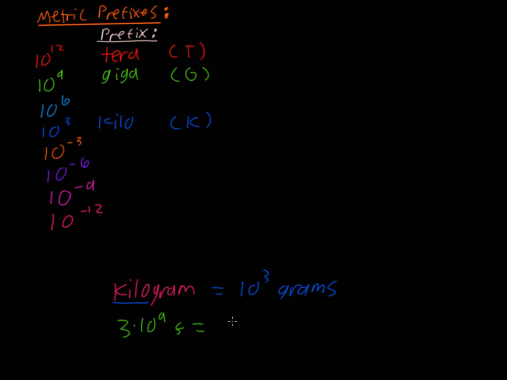I could say that's 3 gigaseconds. And if I don't want to write the whole word out, I could write it as 3 capital G S. The G is from giga, and the S is for seconds. So these are all the same thing.